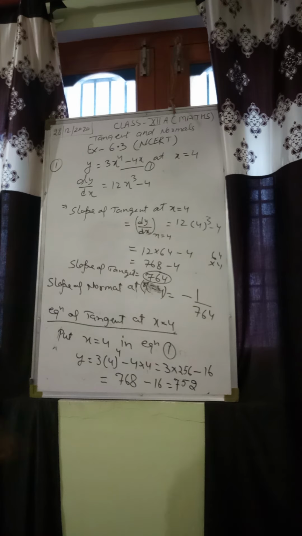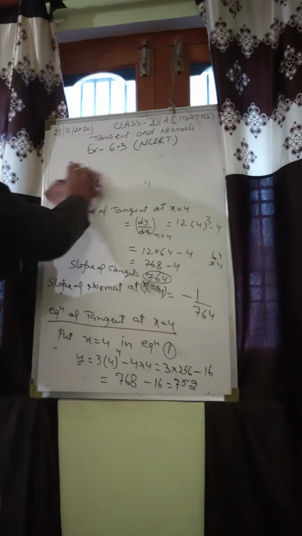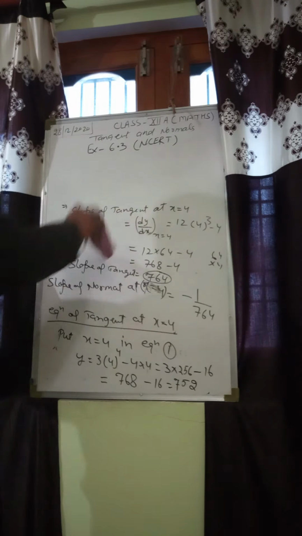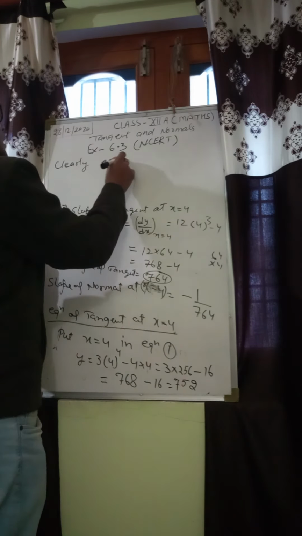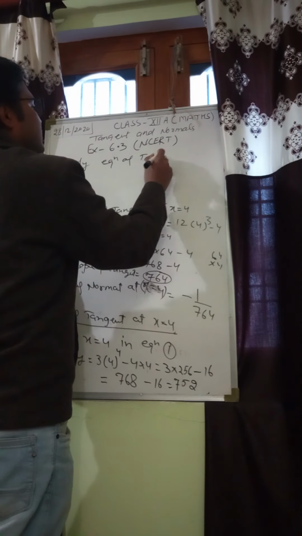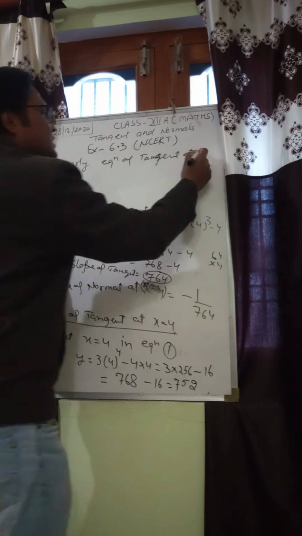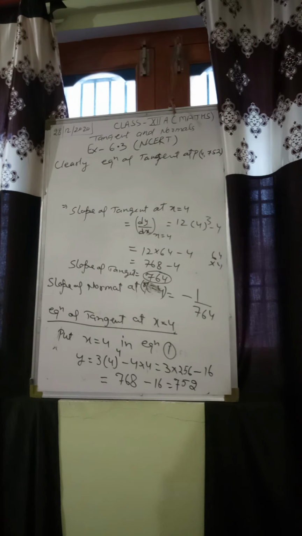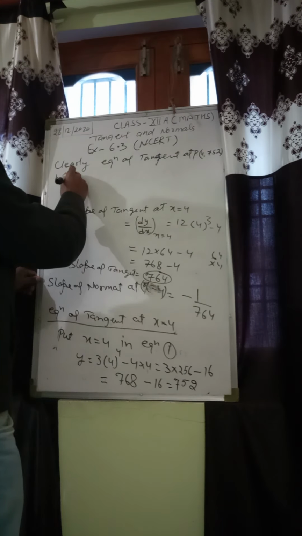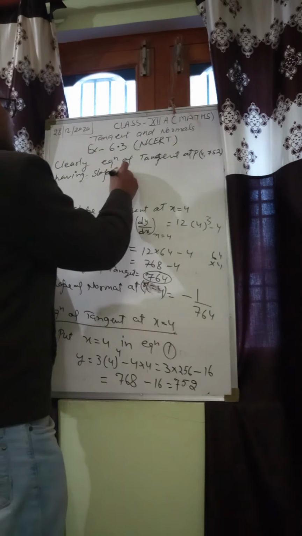So now our goal is to find the equation of tangent at P, where x is 4, y is 752, having slope 764.